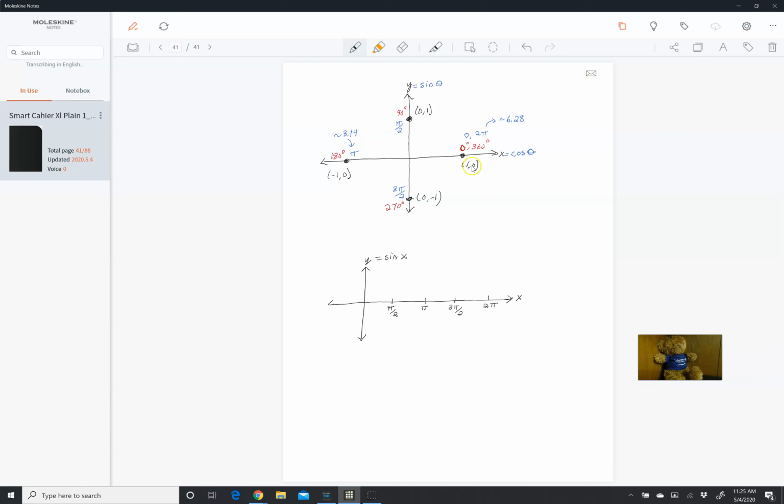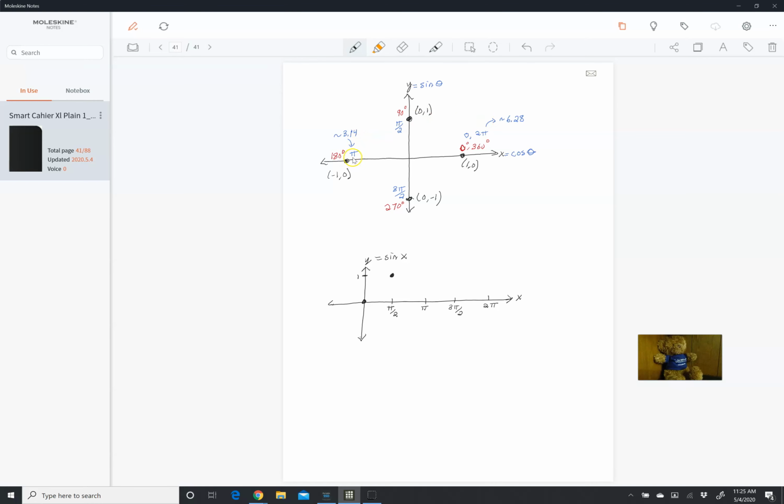Now, we just go and take the sines. The sine of 0 is 0 because that's the y value. The sine of pi over 2 is 1. We take the y value.